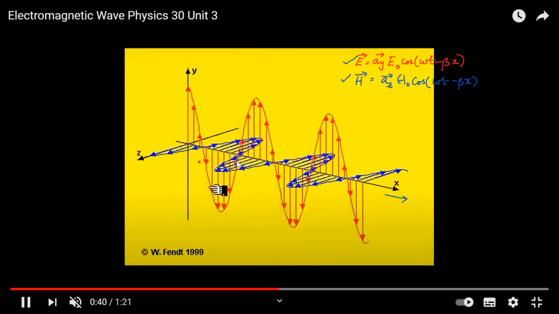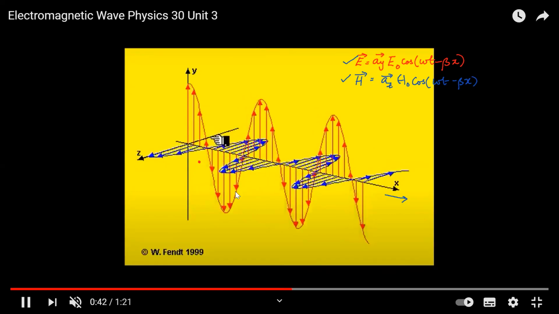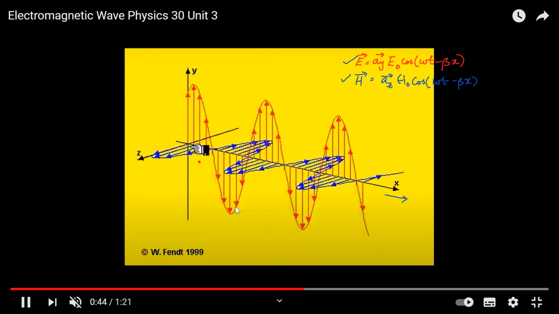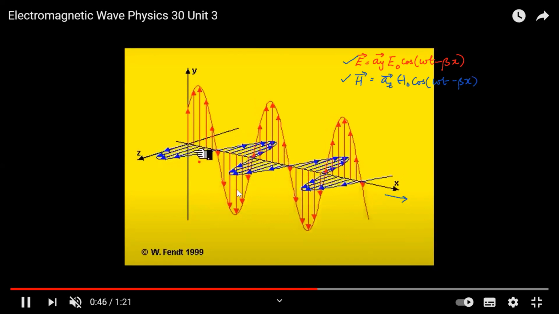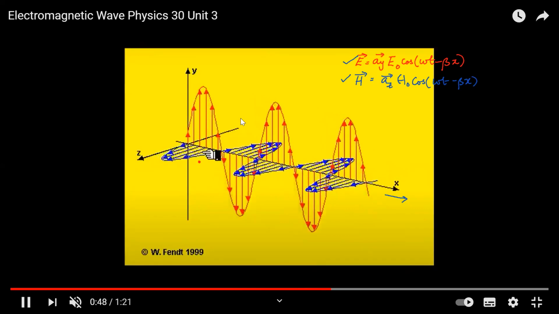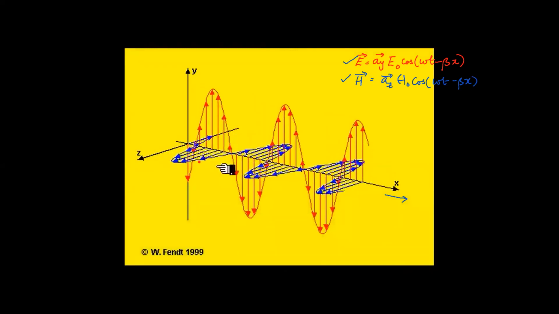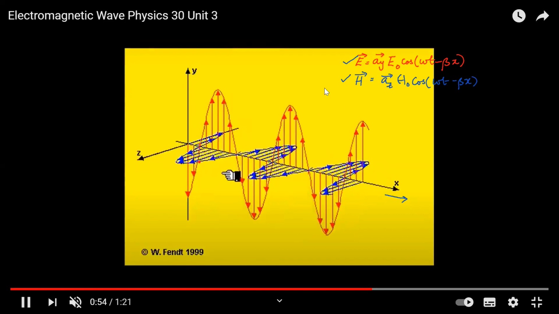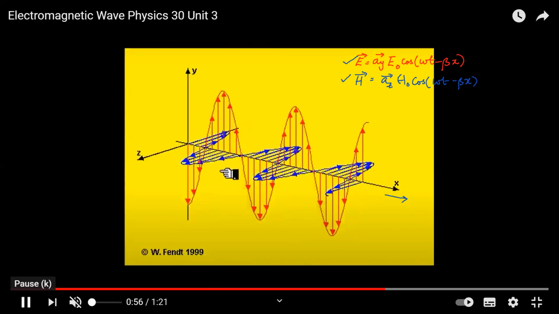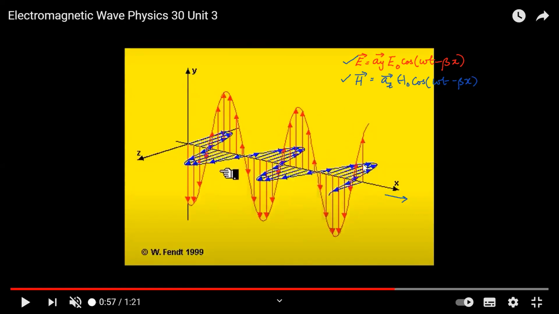And when you freeze x, then the oscillation that this arrow is doing is with respect to time. Okay, so this is called our traveling field. So this is your electric field and this is the magnetic field.